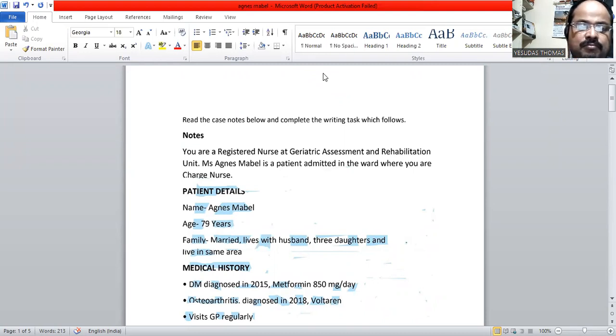So now you are a nurse working in a ward where Miss Agnes was admitted. Miss Agnes Mabel is 79, married, and has a husband and 3 children, who live in the same area.